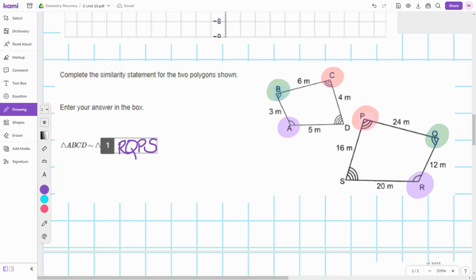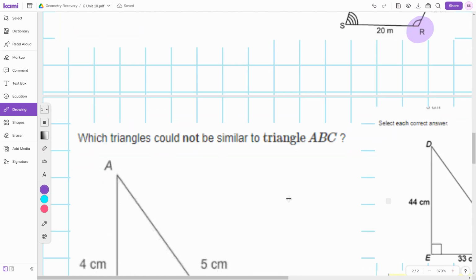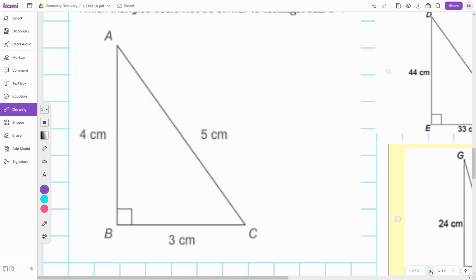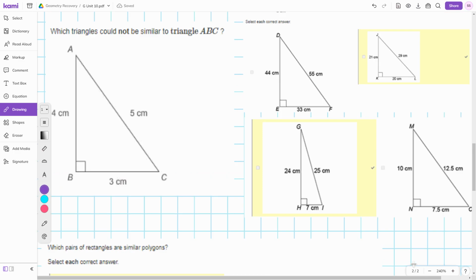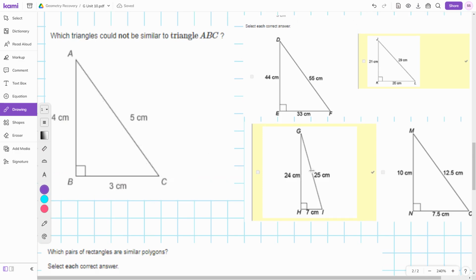Which triangles could not be similar to triangles ABC? Well, similar triangles have congruent angles and proportionate sides. So when I'm looking at my options here on the right, they're all right triangles, but do they all have the same proportions and sides? Do they all have similar proportions in size?